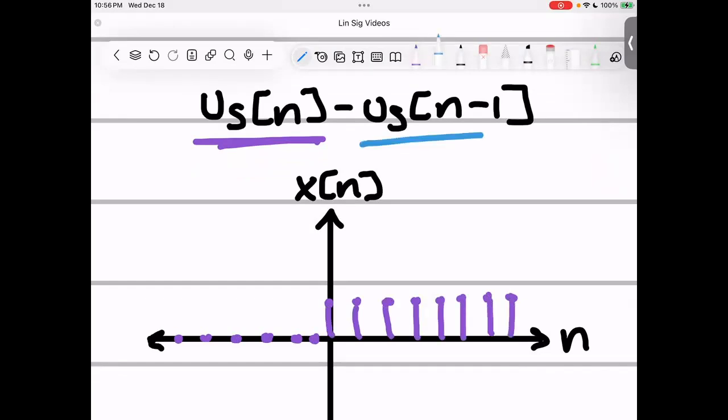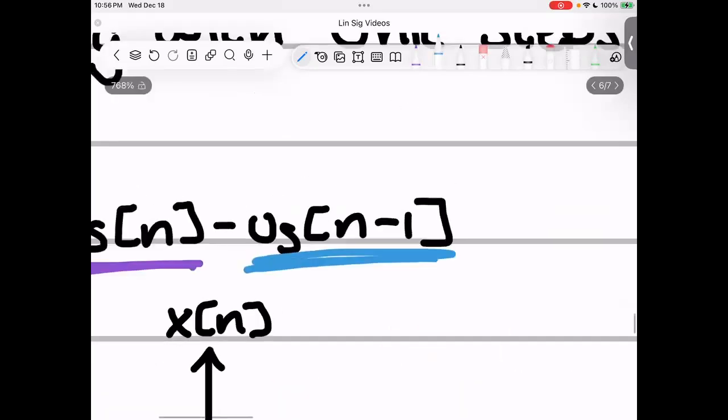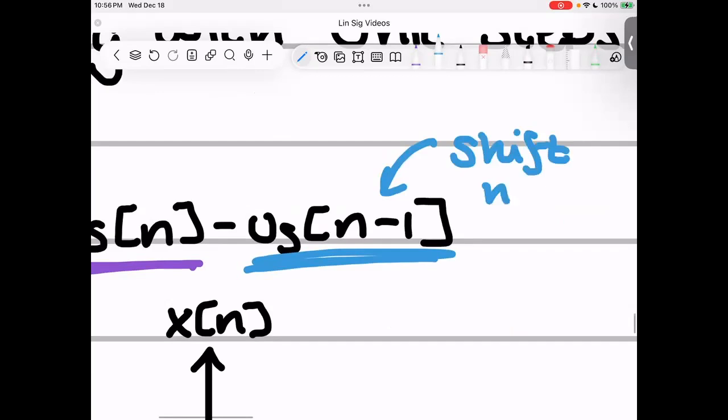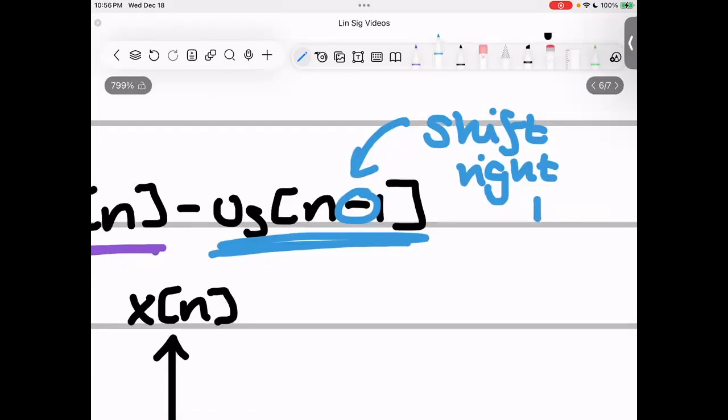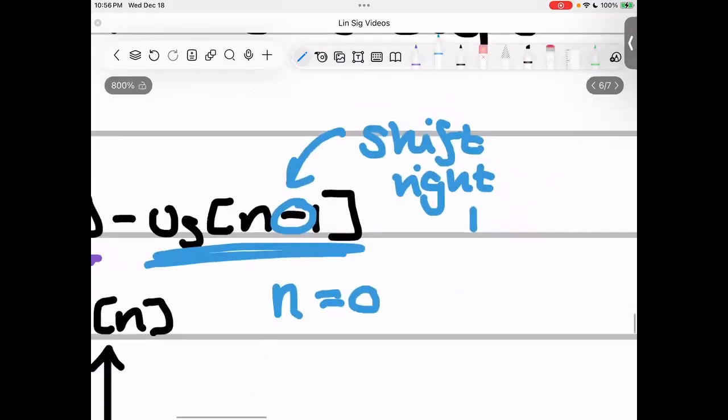And then I'm going to do unit step of n minus 1. And this is actually going to shift it to the right by 1 in this case, because there's a negative sign that's shifting right. To do a quick little proof of that, let's test it at n equals 0, which is normally when just the unit step would turn on, right? You're going to end up with unit step of -1, 0 minus 1.